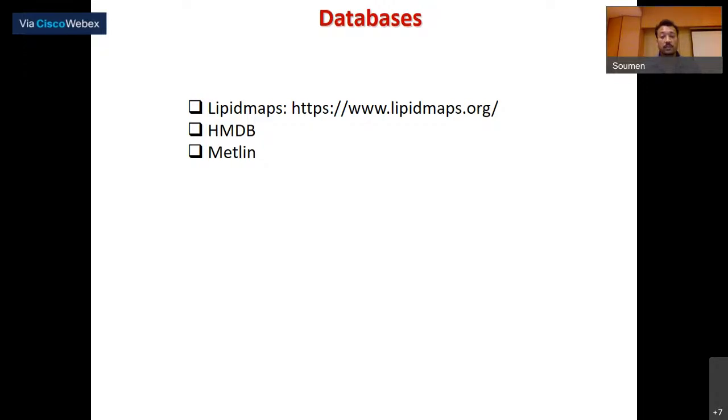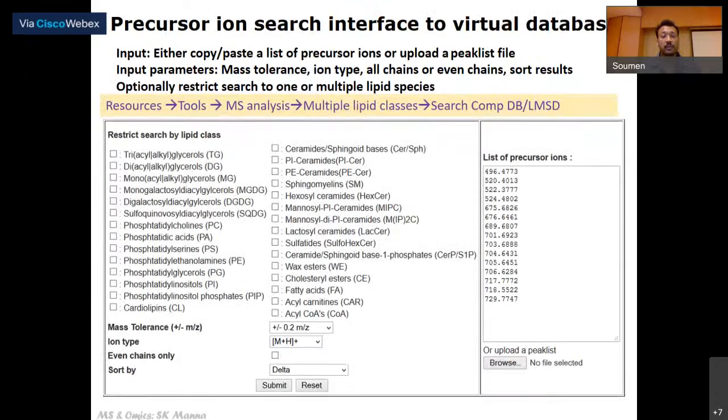And in the case of LipidMaps, you can actually generate spectral fragmentation patterns. LipidMaps is exclusively for lipids, and this is what we will be discussing here.